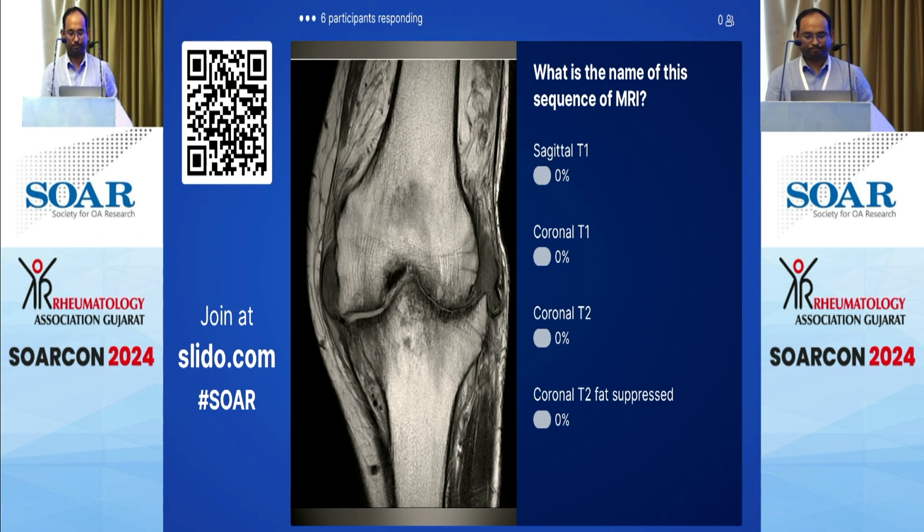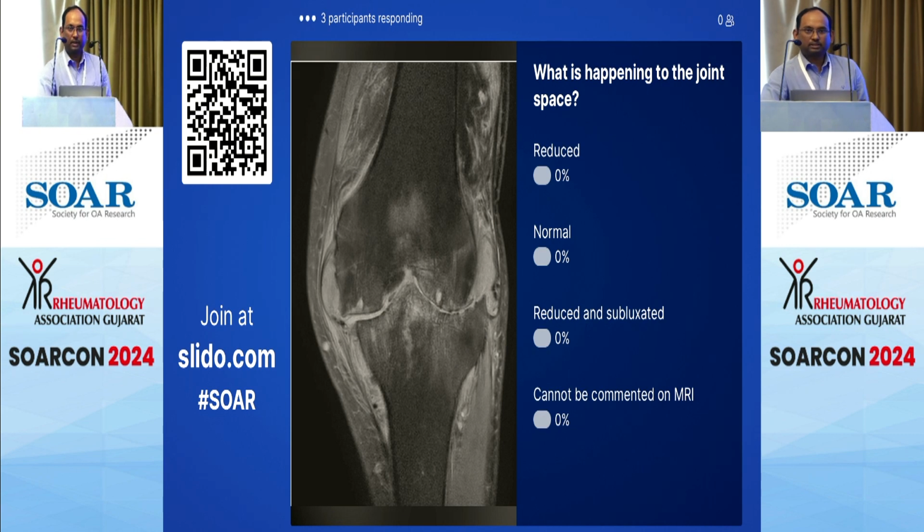So this is basically a coronal T1 weighted image because the fluid is looking darker. One of the basic things you should remember is that fluid is generally dark on T1 and brighter on T2.